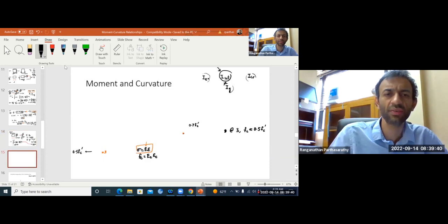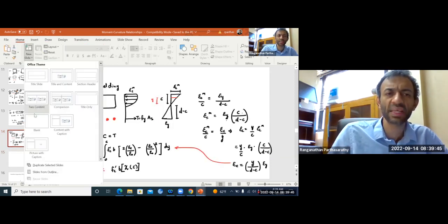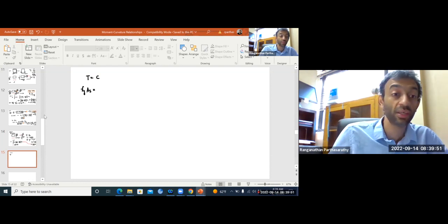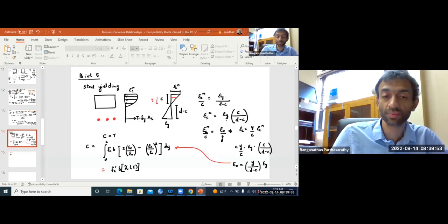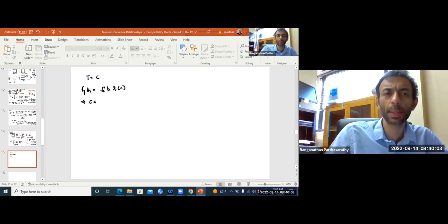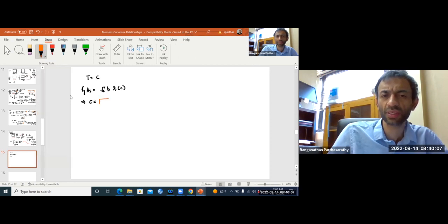So write T equal to C, so T is FY AS equal to Fc prime B times that expression, and you solve for C. Okay, now we got our neutral axis.